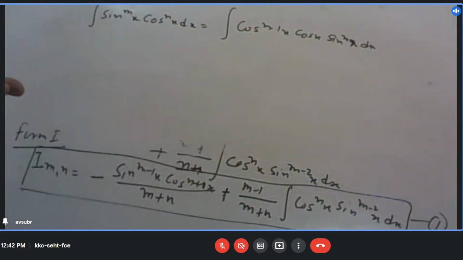We can write it down like this also when we solve this, and that will not be incorrect, that is perfectly all right, right?